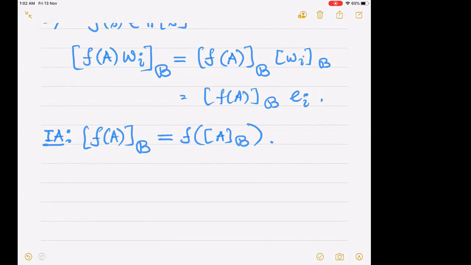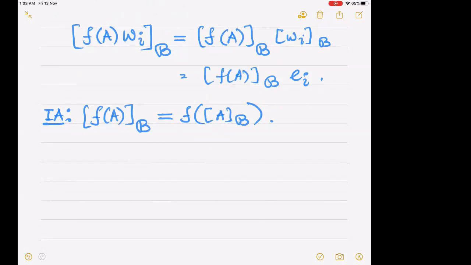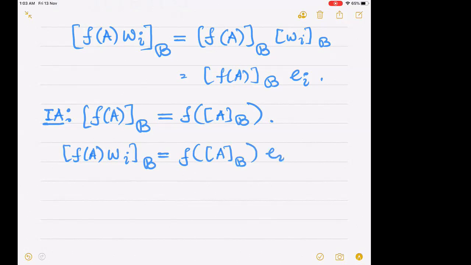All right. Now, if this is the situation, so provided you do this homework problem, you'll realize that this is nothing but f of this matrix into E_I. Okay, right?